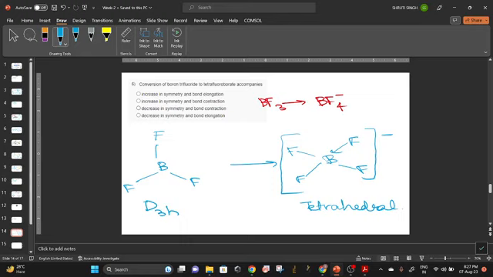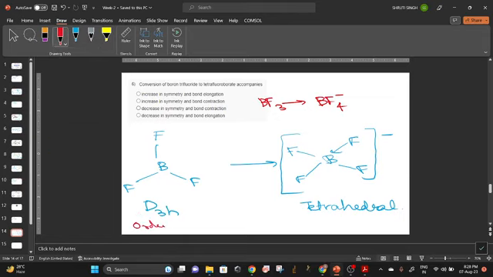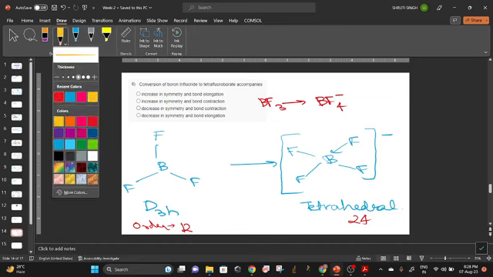Because earlier the order was 12, but now it became 24. Here the order, that is the number of operations, is 12, and here it is 24. Now extra symmetry elements are also added, right?